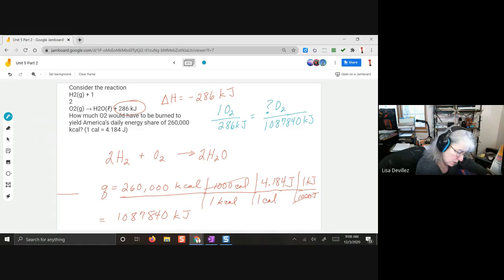All right, and then once I get that, I don't know if it wanted moles or grams, so check the problem to see if it wanted moles or grams on that.